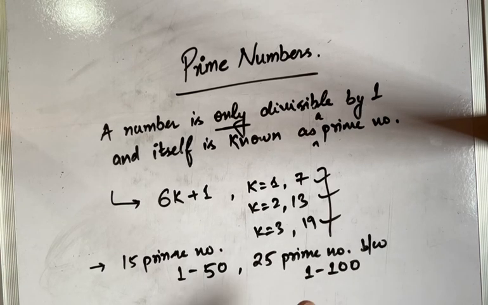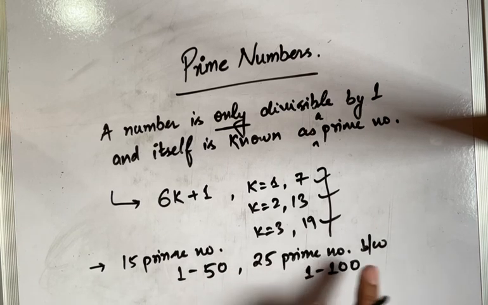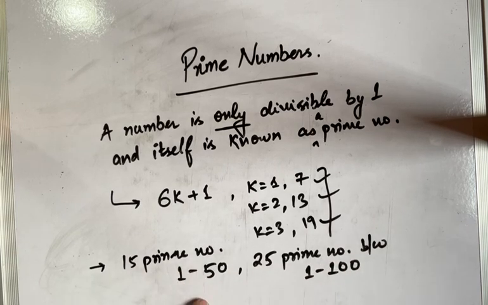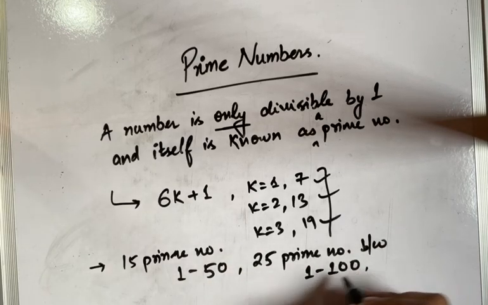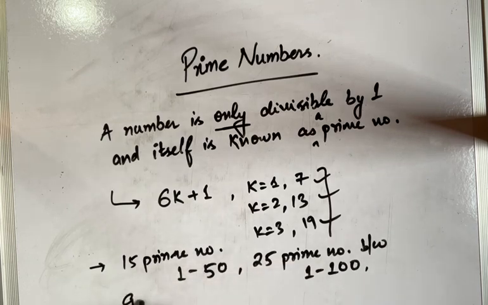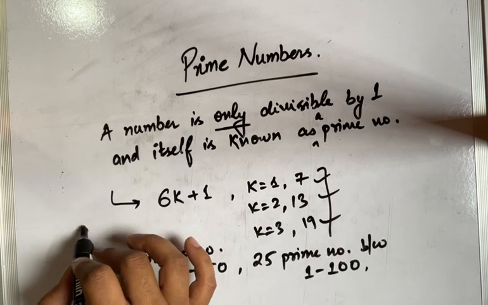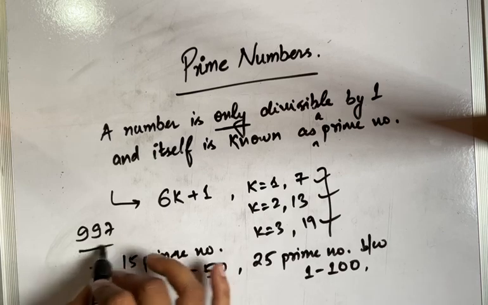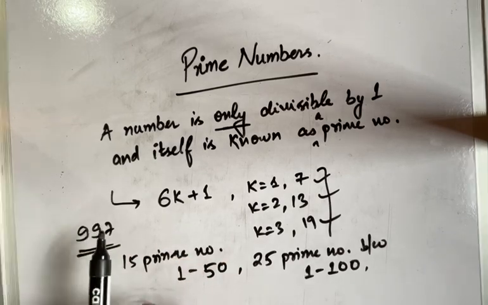This is a fact that you should know. And the largest 3-digit prime number is 997. I think this is not clearly visible, I'm sorry, I'll write it here. The number is 997. This is the largest 3-digit prime number.